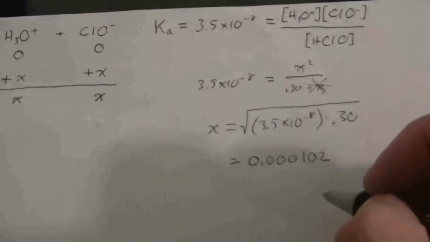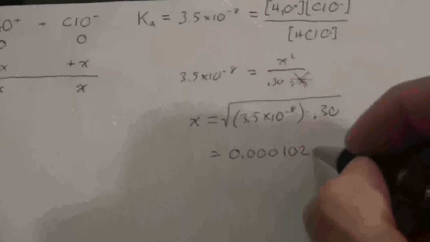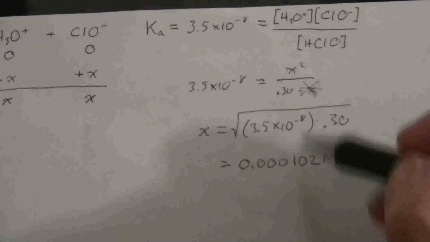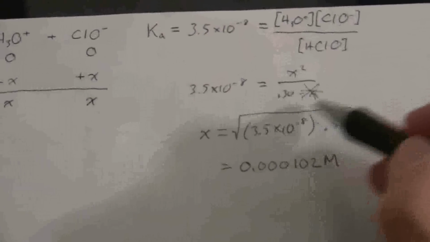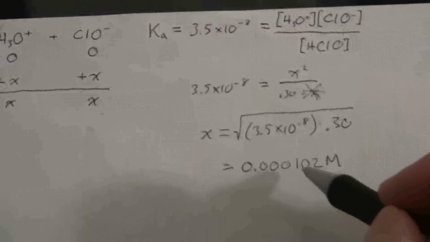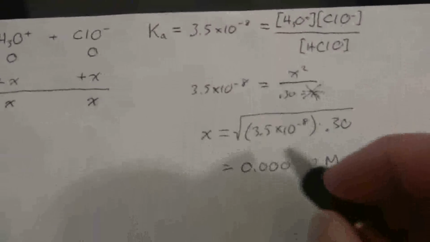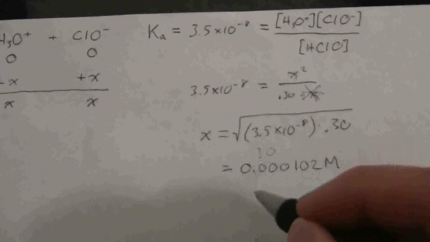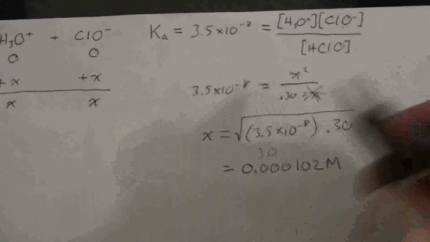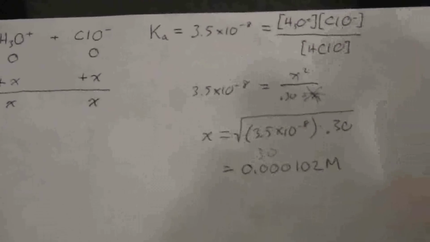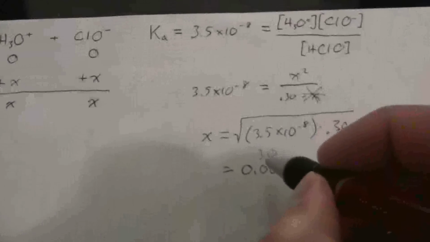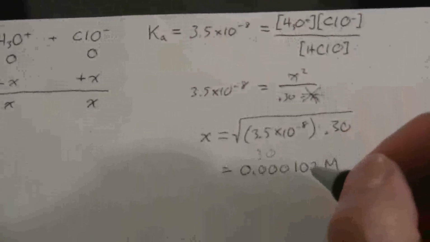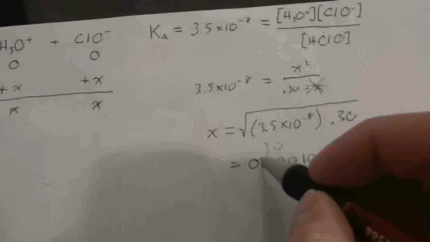That's giving more significant figures than I need, but that's fine. Now we should always verify our assumption. 0.0001 is pretty much less. If we subtract that from 0.30, we'll end up with 0.29999, so it's not going to make a significant difference there. At two significant figures, it's still going to be 0.30.